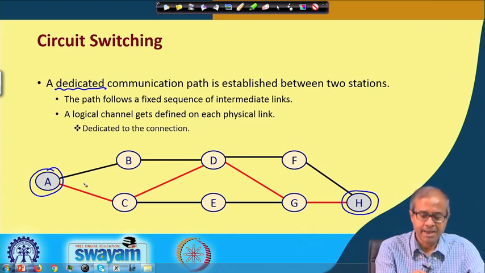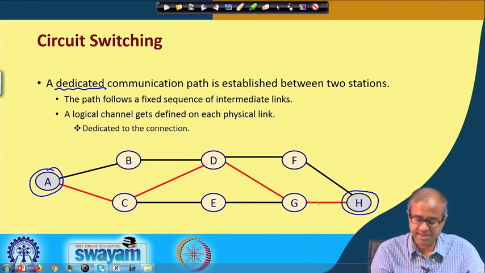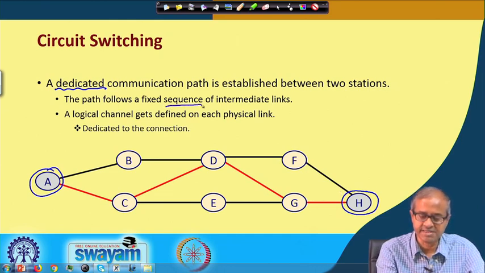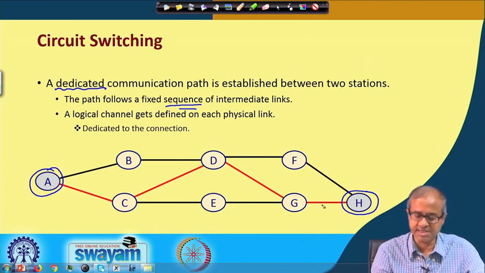And as you see, the path that we are deciding upon will follow a fixed sequence of intermediate nodes or links through C, D and G.